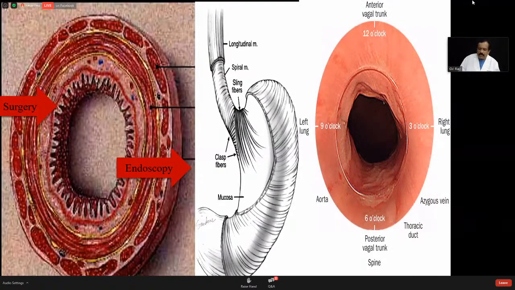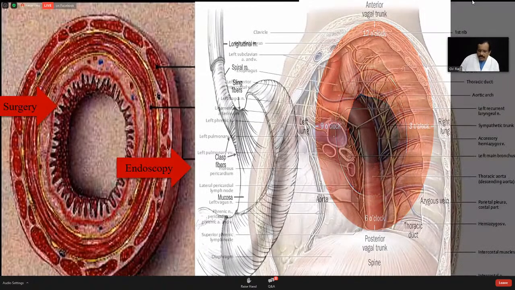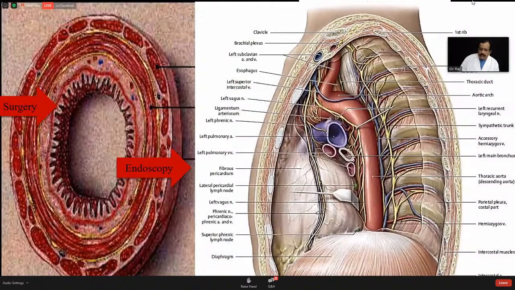And this is the endoscopic view of the esophagus. Traditionally, we just know this is the anatomy. We talk about 3 o'clock, 9 o'clock, 6 o'clock, and 12 o'clock positions. But we are also supposed to understand what is outside this lumen, so that we can do these transmural procedures very effectively without causing complications.